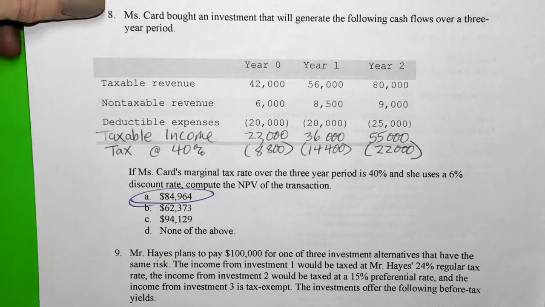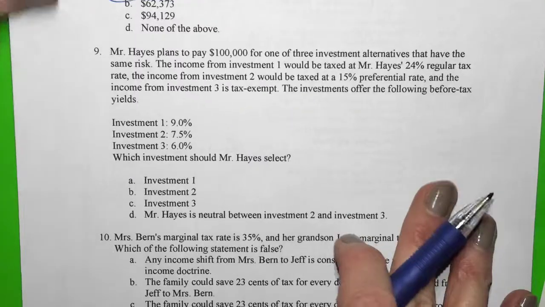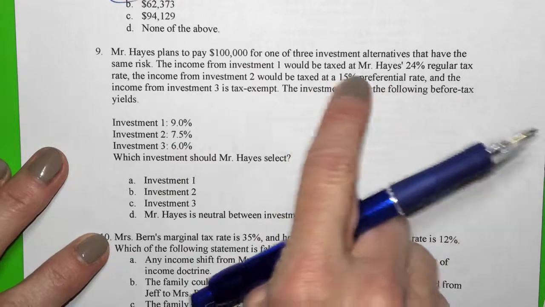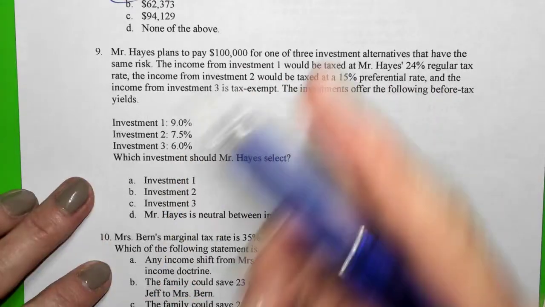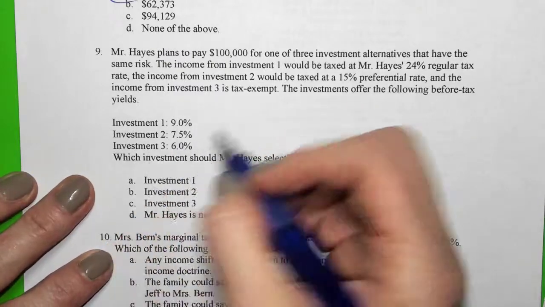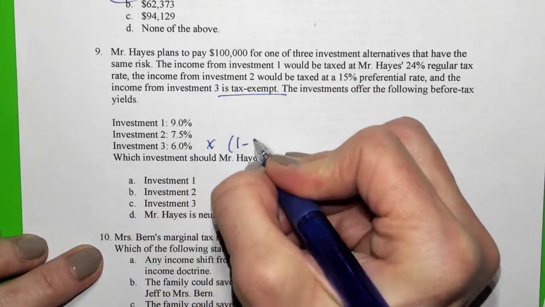Okay, now I've got an investment opportunity where they're taxed at different rates. So the 6% investment is tax exempt. So I multiply that by 1 minus 0%, and I still get 6%.